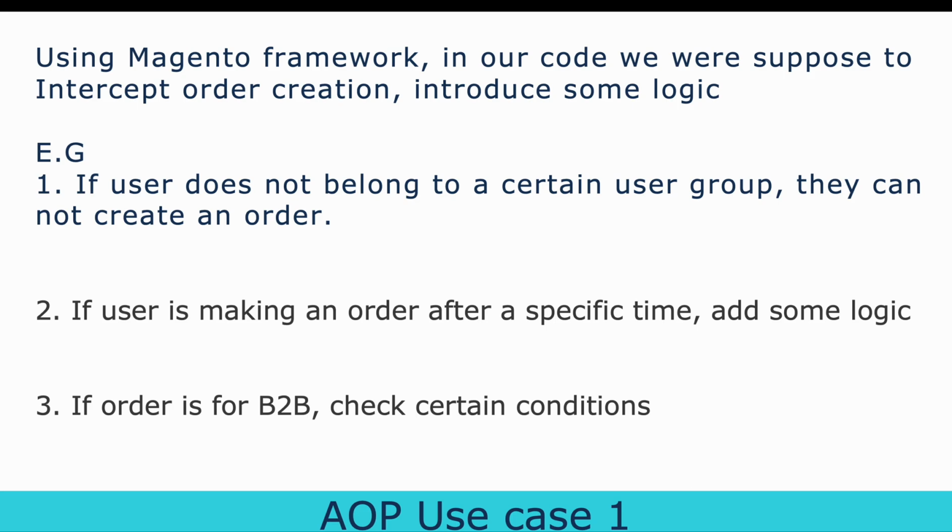order creation. So when a customer is logged in on an e-commerce website and they are making an order, what we needed to do was, before the user clicks place an order, add some logic there. But the problem was that the Magento framework is not our code.